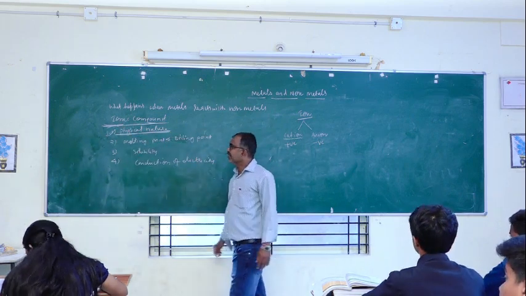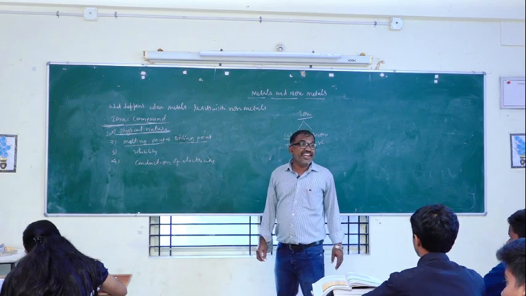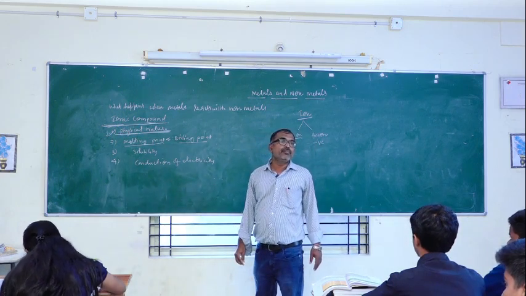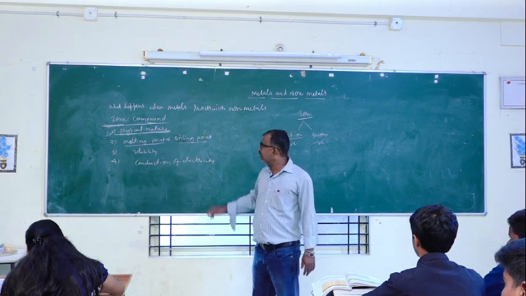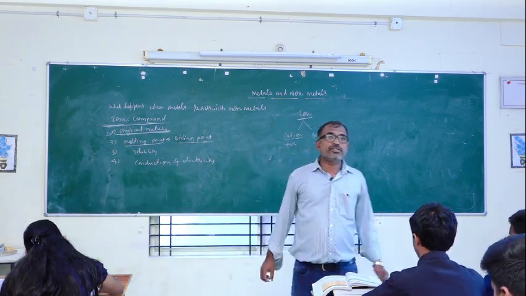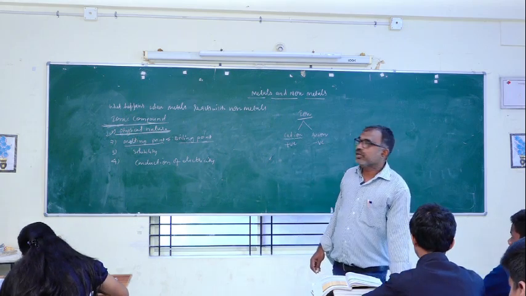Then second one, the melting point and the boiling point. Ionic compounds have high melting point and boiling point. In the give reasons, they are going to ask why ionic compounds have high melting point and boiling point.